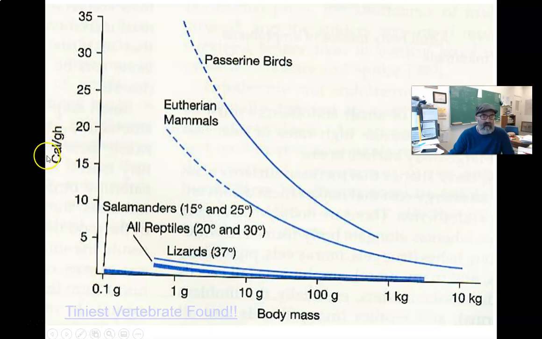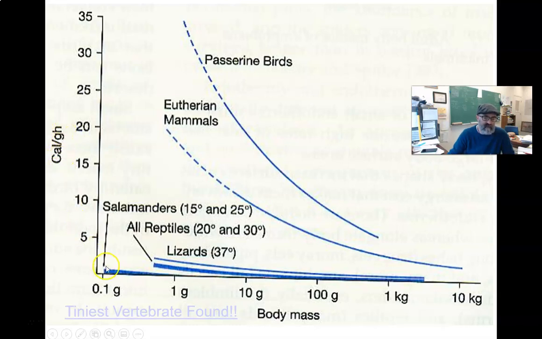So this is how many calories, right? How much heat you are releasing from your food, how many calories you're burning per gram of body mass per hour of time. So this standardizes your metabolism for your size and for time.